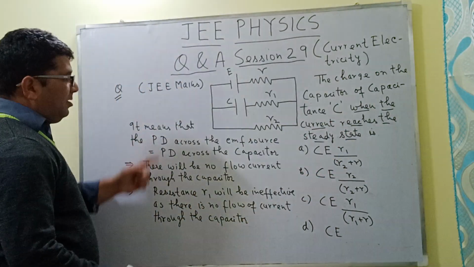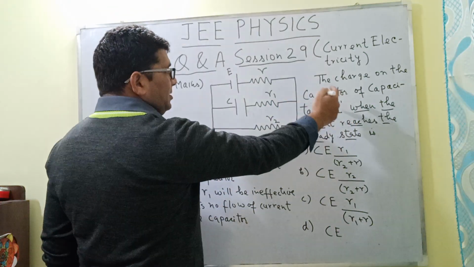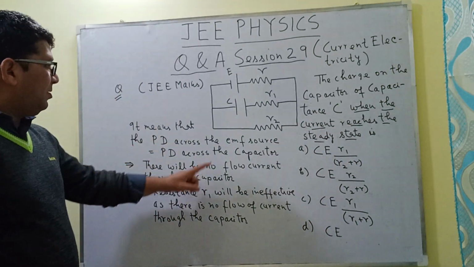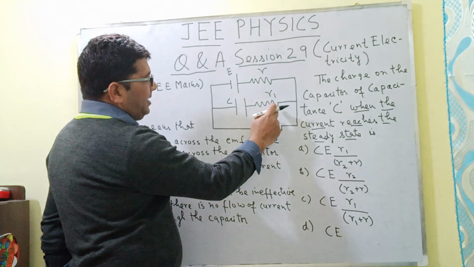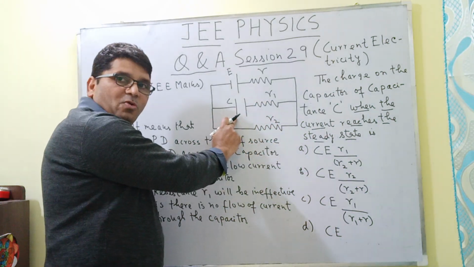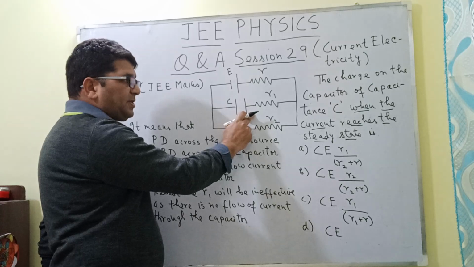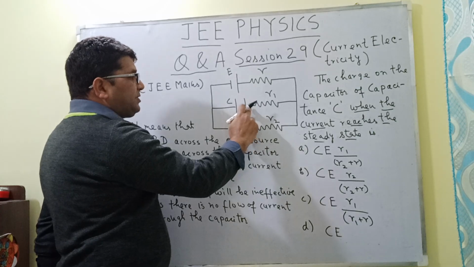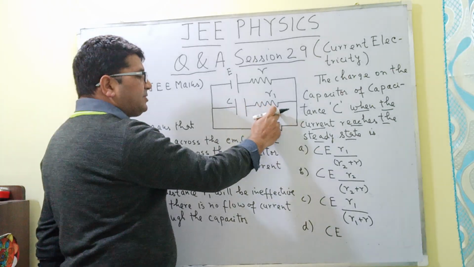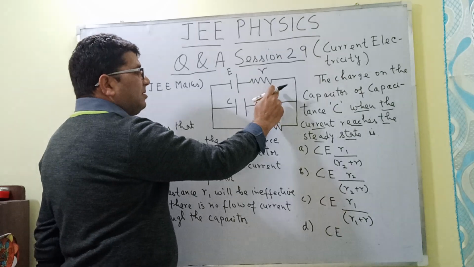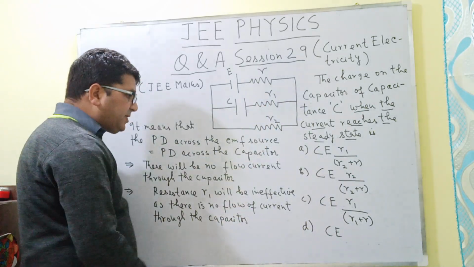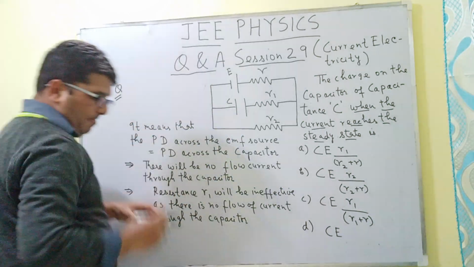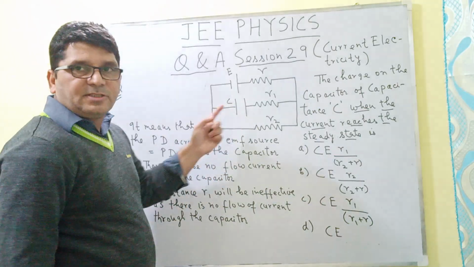So now, based on this condition, we have finally found that there is no flow of current through this capacitor in the steady state, and because there is no flow of current through the capacitor in the steady state, therefore this resistance R1 is ineffective. Now, based on this, I will calculate the current in the circuit.